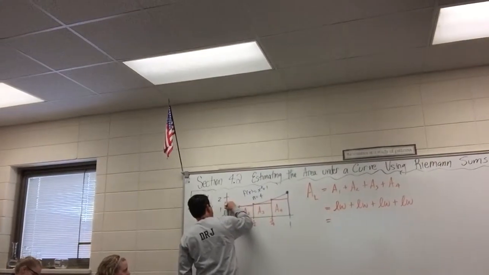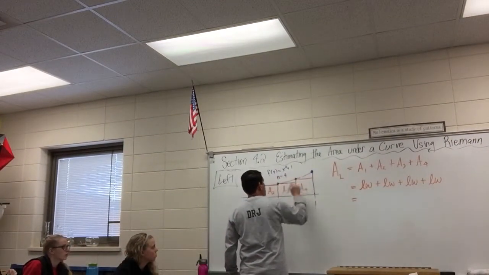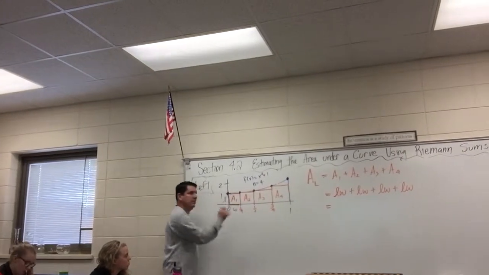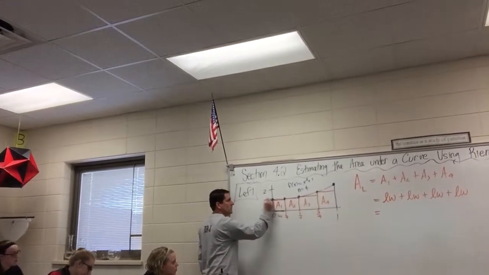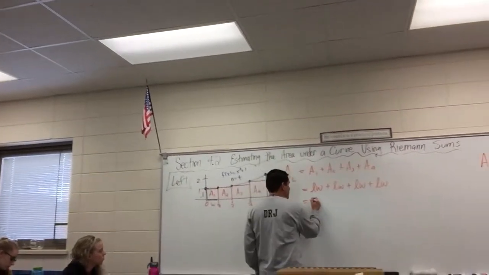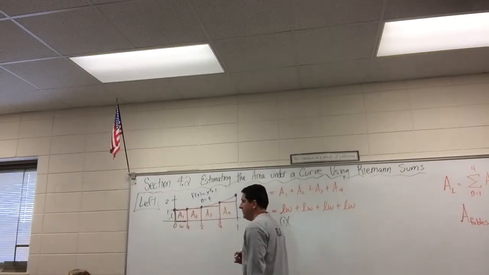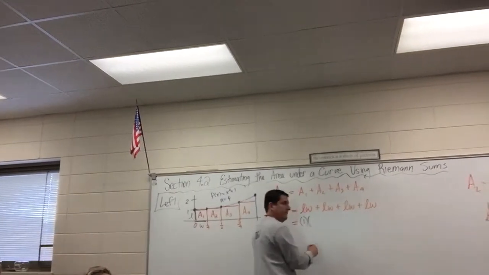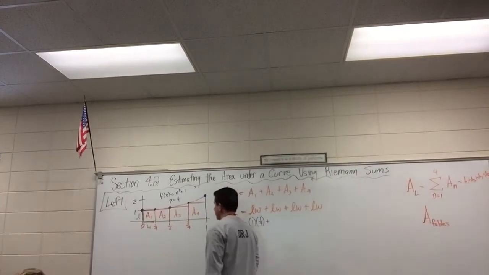I need to know what each of these are, so we just plug them into the function. What's the first one? 1. So this becomes 1 for a length, and what's my width? 1/4.